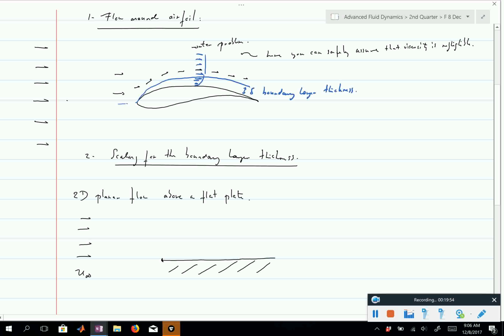Now, if you remember our equation for vorticity, the vorticity satisfies in that case an advection-diffusion equation, and we only have vorticity in the z direction. So you can think about the vorticity as just a scalar.